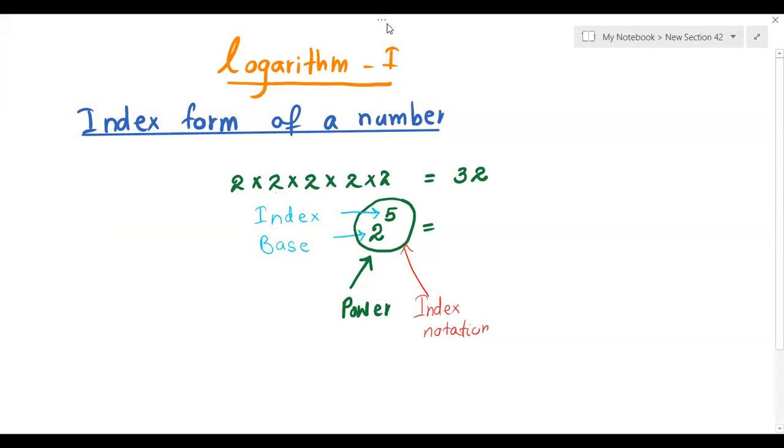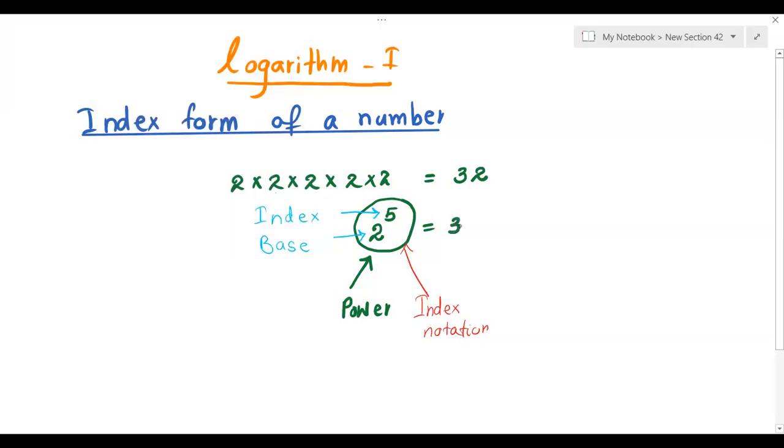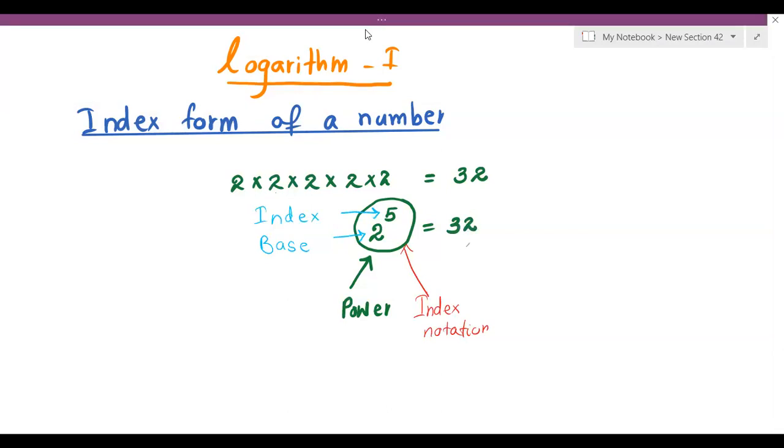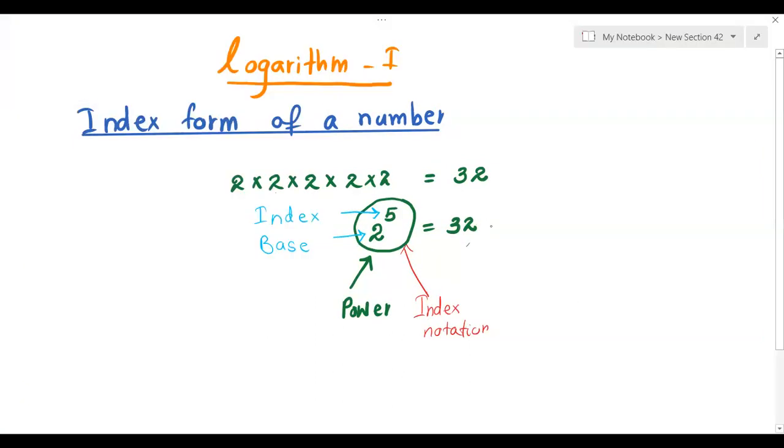Now we express this in a short way, but the answer I obtained for this, 32, is also given a particular name. We call it the value, or sometimes the answer. For the index, there's another word that we use: the exponent.